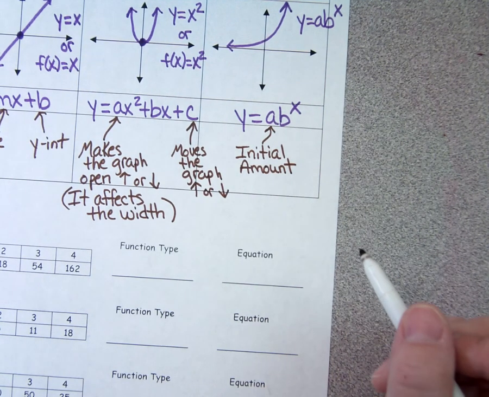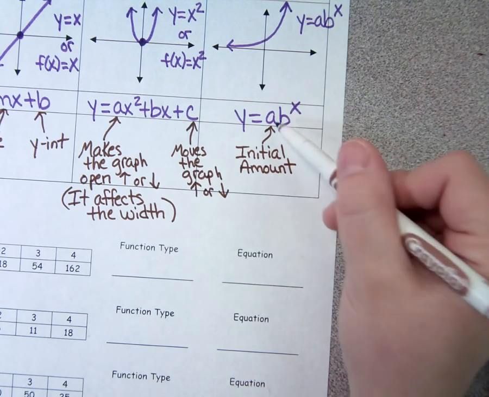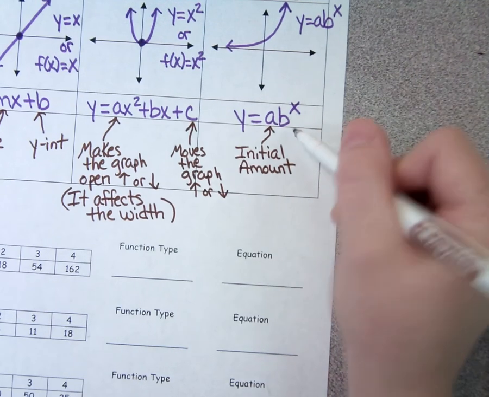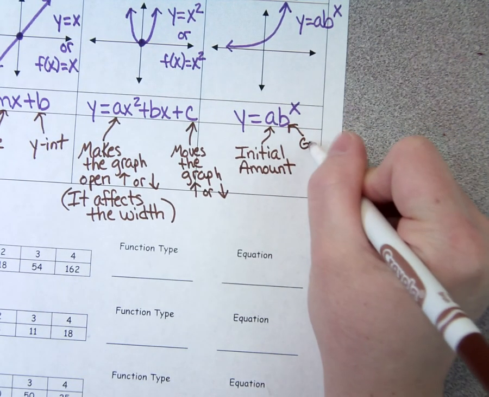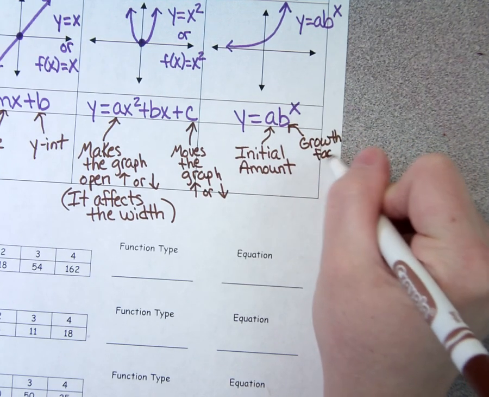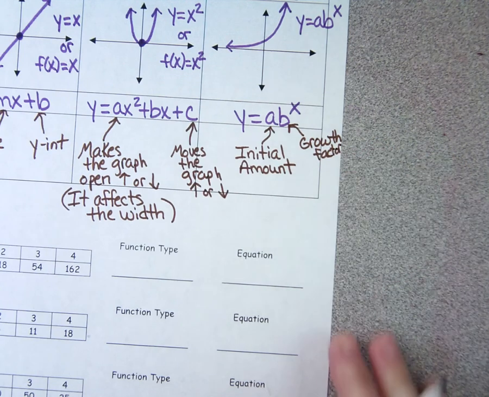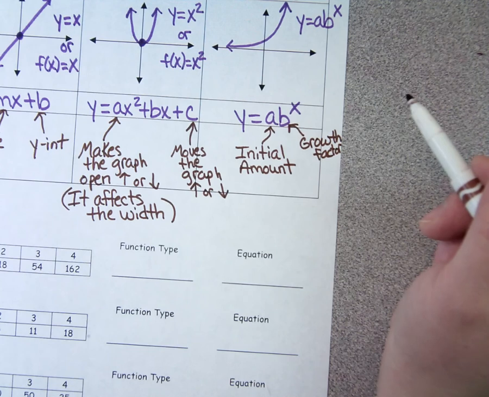It's what we start with, and I'll make this make more sense over the next day or so. So A is the initial amount, it's what we start with, and B is our growth factor.